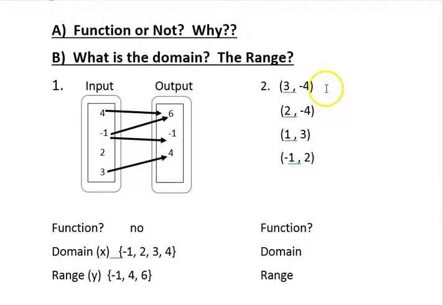So let's see. Second one, we just got coordinate points. 3, -4, 2, -4, 1, 3, and -1, 2. Is this one a function? Yes. Because as we started to say in the first picture before we changed around the arrows a little bit, if I see multiple y values, that's not a big deal.